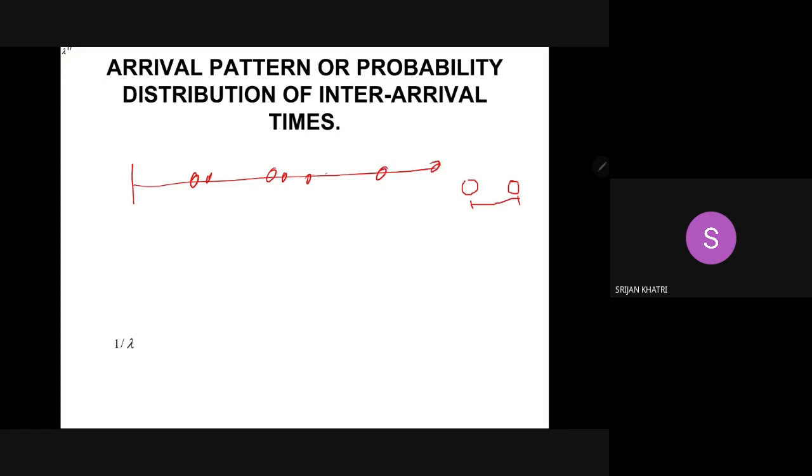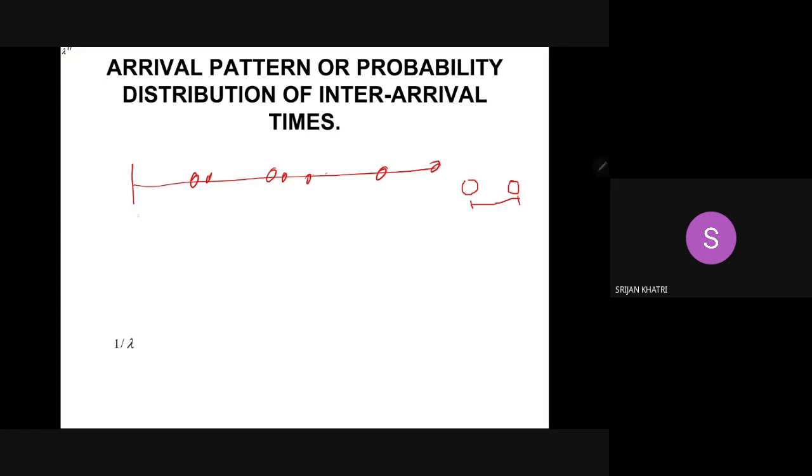So it is probability, because it is random. Customers are unpredictable in nature. The generation of customers is totally unpredictable in nature.